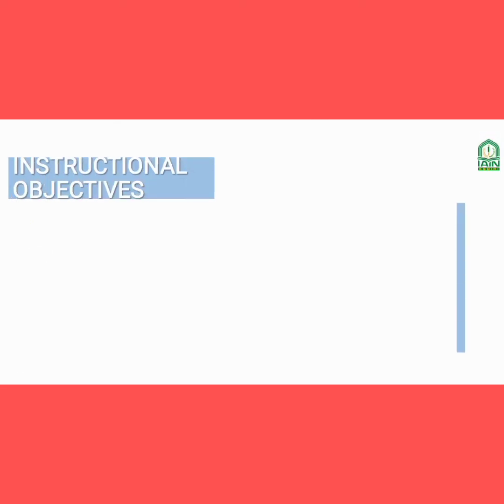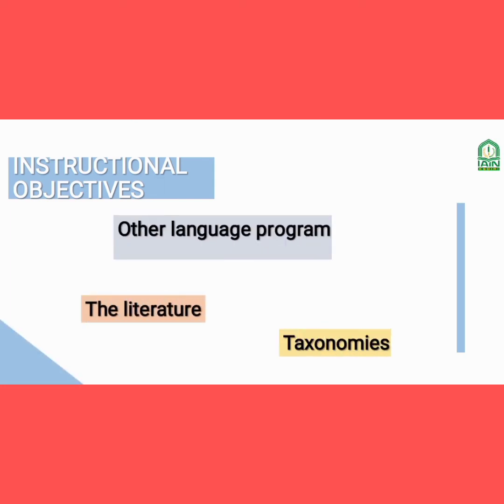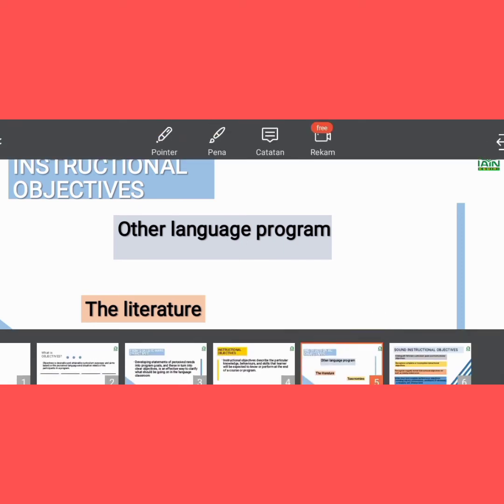In instructional objectives, these include other programs and their curricula, the books and journals that constitute the language teaching literature, and educational taxonomies that were worked out as far back as the 1950s. The first is other language programs, the second is the literature, and the last one is the taxonomies.